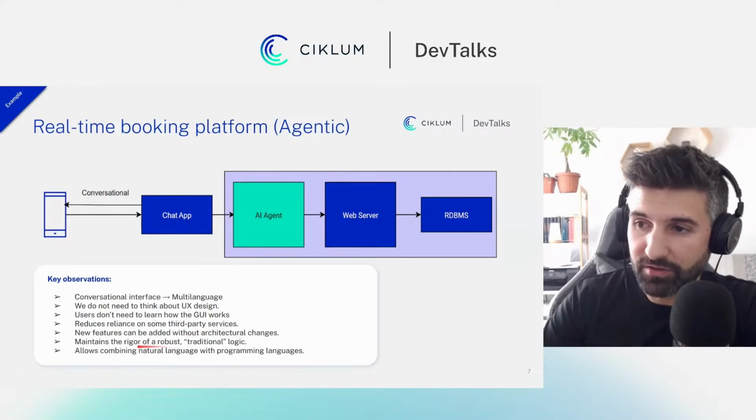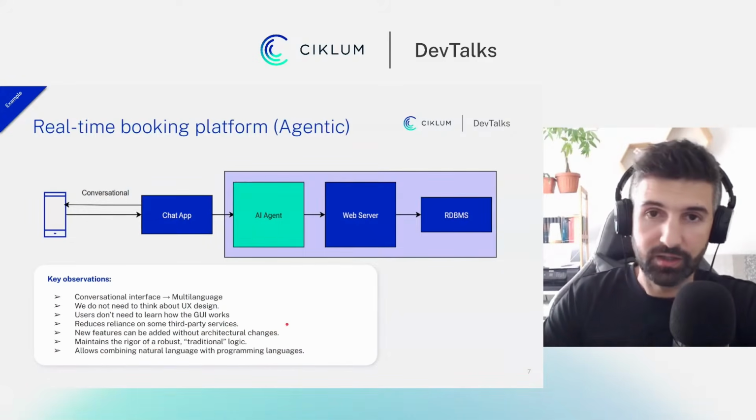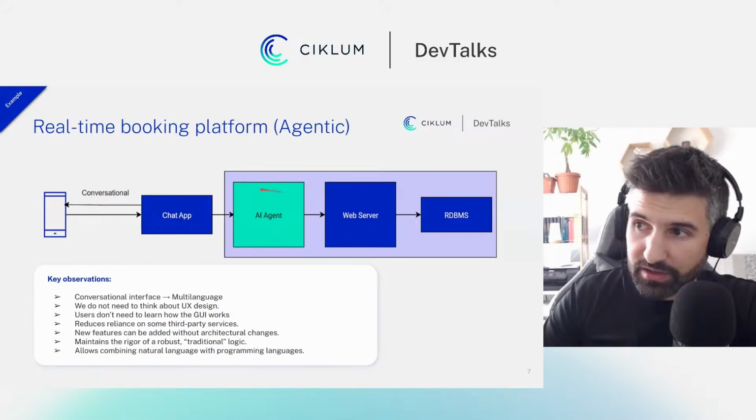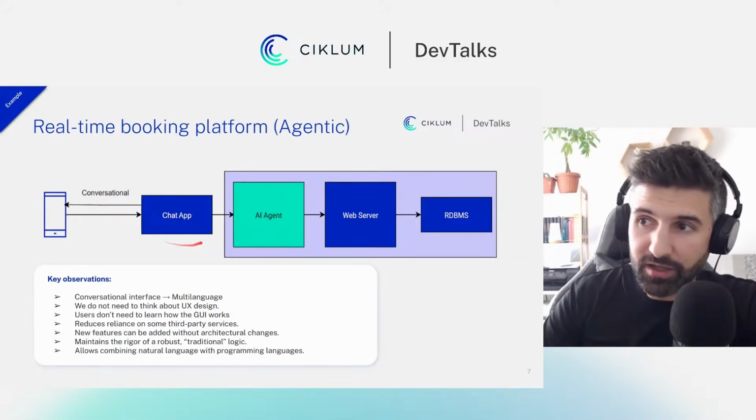It's not as robust and rigorous as traditional logic. So let's see what's inside the box, inside this agent actually, right? Because the agent should now carry the whole burden that comes from the chat application.